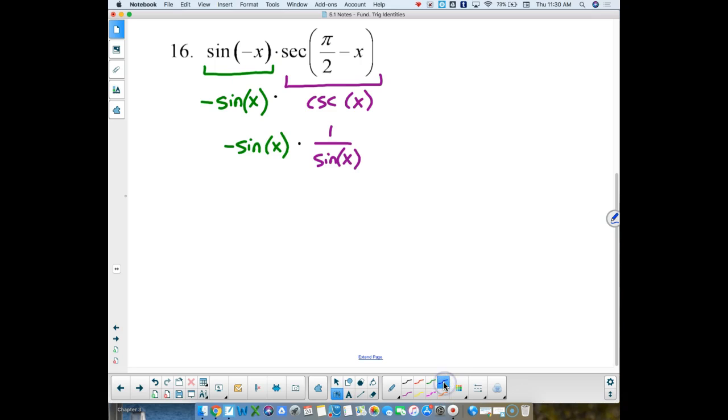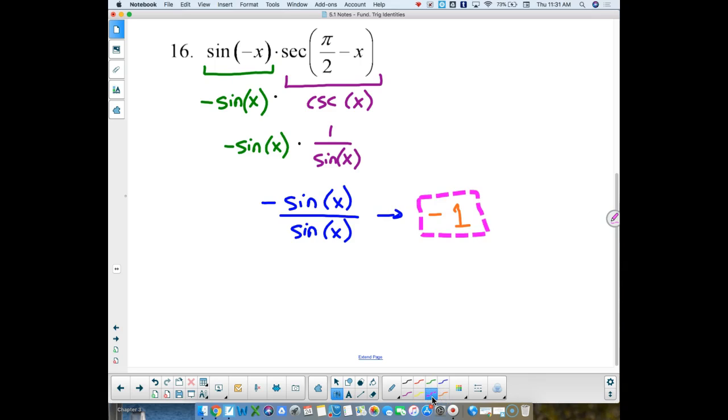So this becomes negative sine of x over sine of x, which is just what? Negative 1. Which is much, much more like me. Right, KB?